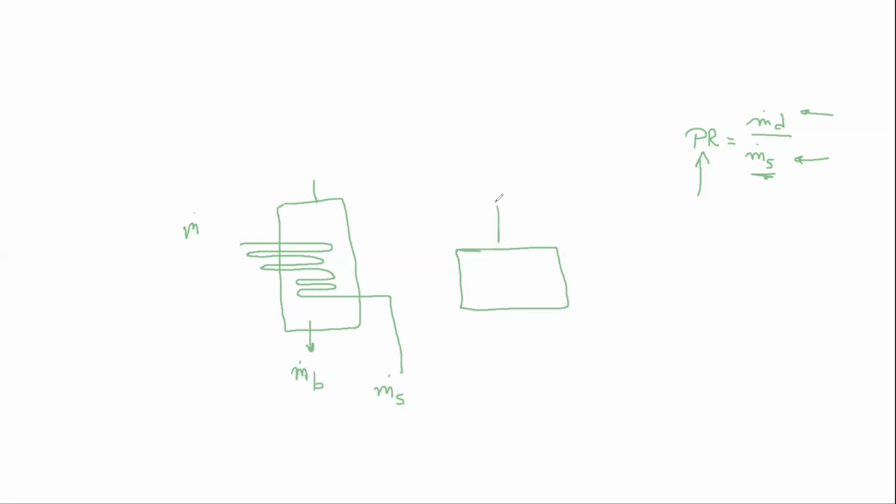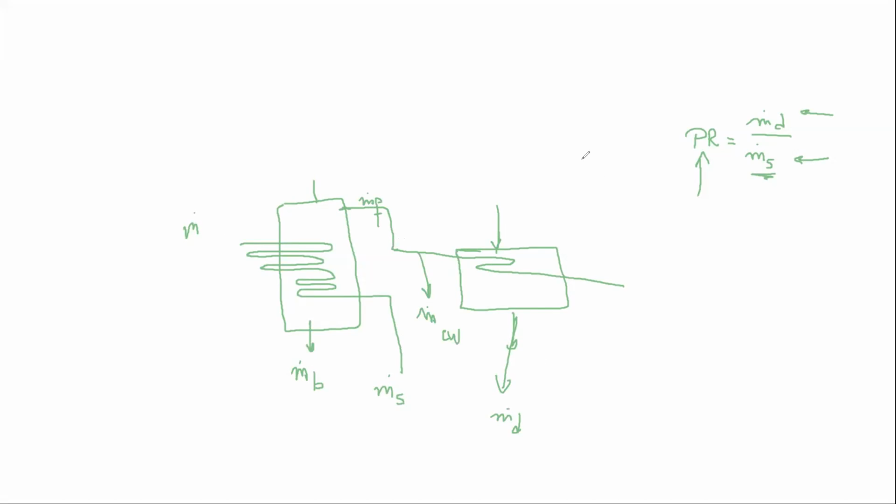And there is a mass which is going to enter here to condense, and then we are going to collect it here as distillate. Seawater is going to enter here. It will be preheated to feed. Part of it will be thrown away, which is m dot cooling water, and the rest is going to reach here as m dot feed.